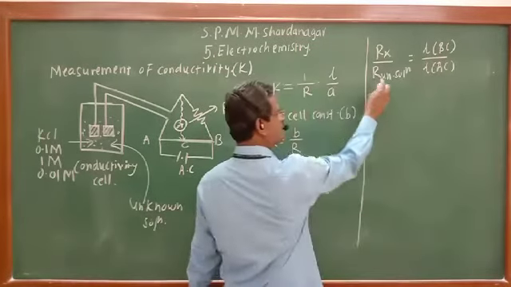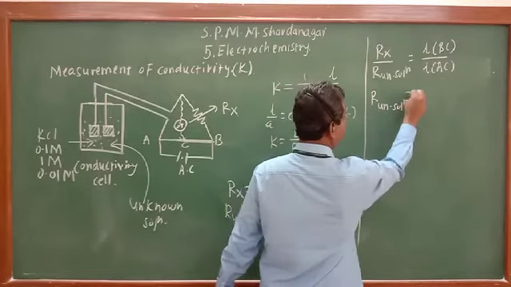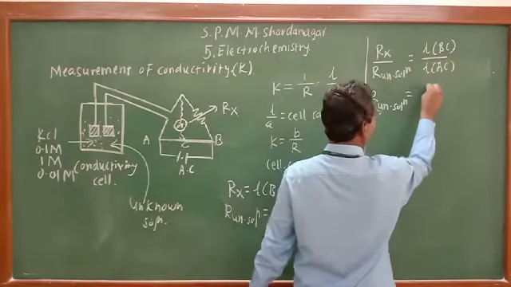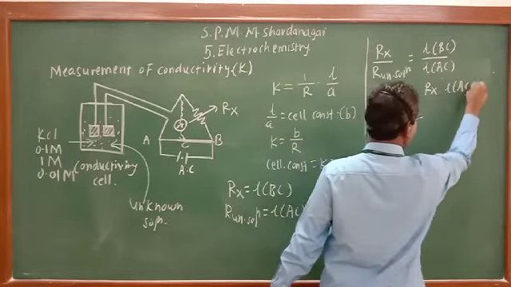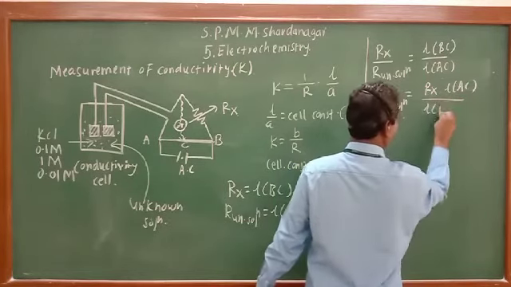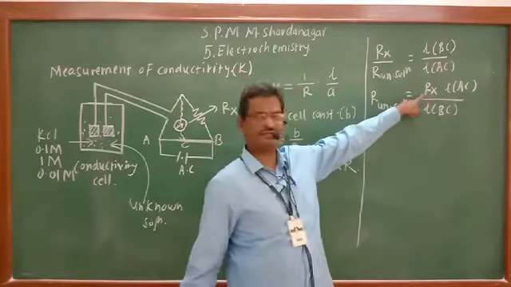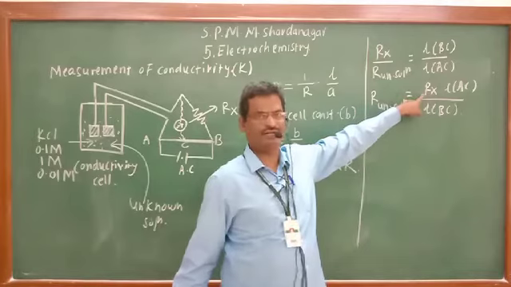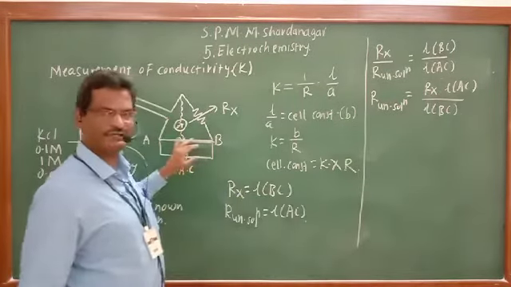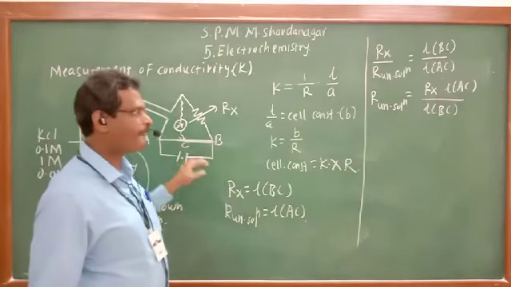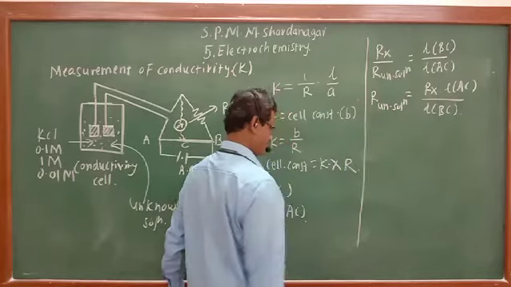From this equation, R of unknown solution can be calculated: R of unknown solution equals Rx into length AC divided by length BC. Rx is known variable resistance. Length AC and BC are obtained from this experiment. Therefore, R of unknown solution can be calculated.